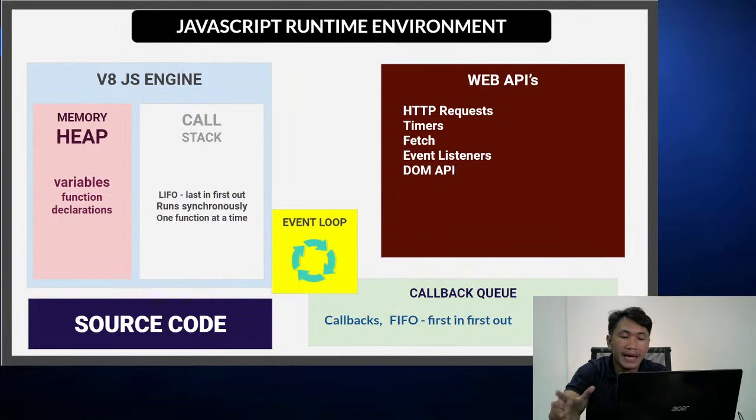We have a callback queue. The callback queue is a queue which stores all the callbacks. We'll be discussing that later. It is a FIFO, first in, first out data structure, which means that the first thing that goes into our callback queue is going to be the first one to be executed or go out of our callback queue.